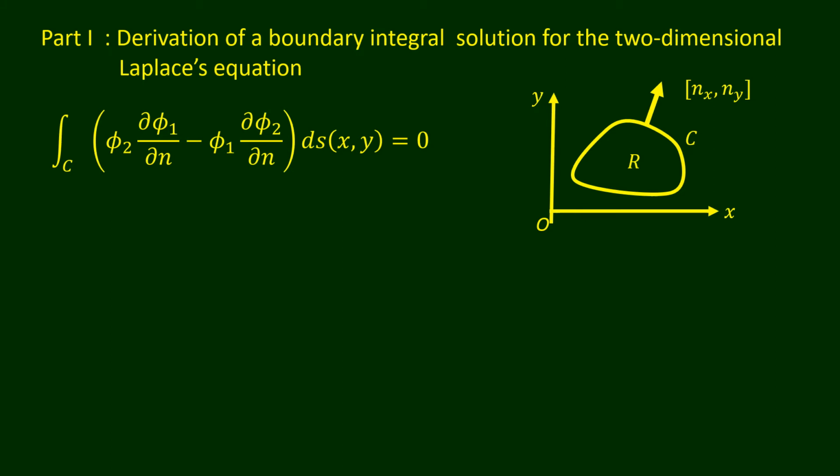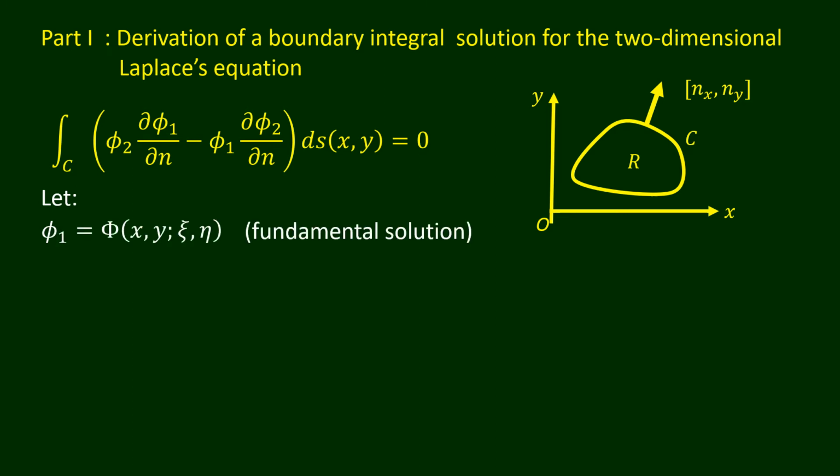We will now use the fundamental solution and the reciprocal relation for the two-dimensional Laplace's equation to derive a boundary integral solution for the boundary value problem under consideration. Let phi 1 equals capital Phi of (x,y; xi,eta), the fundamental solution, and phi 2 equals phi of (x,y), the desired solution of the boundary value problem.